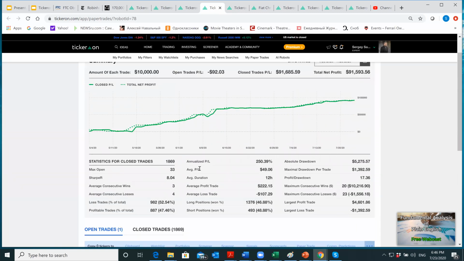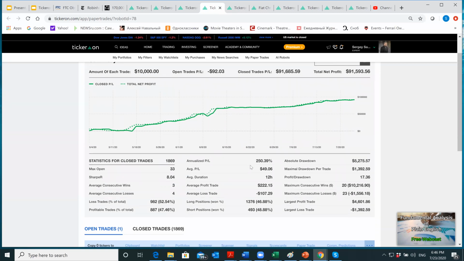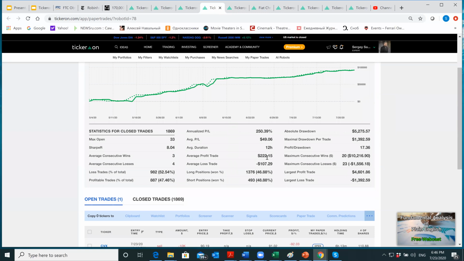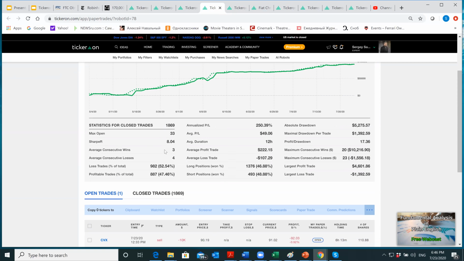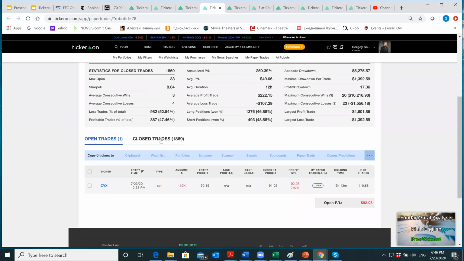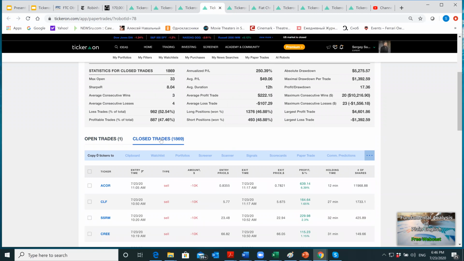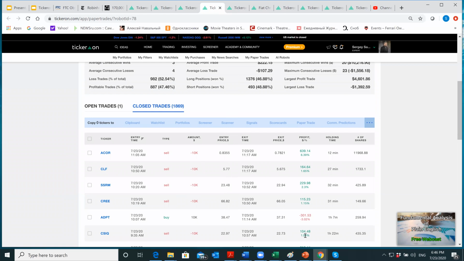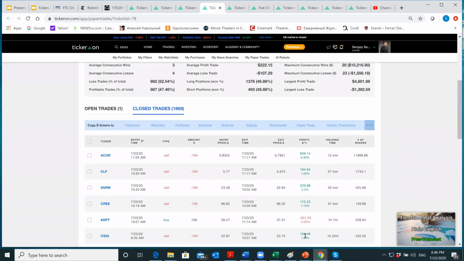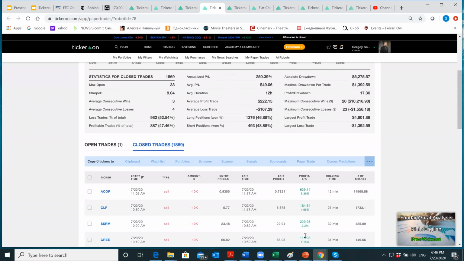If we continue the same way, it is a 250,000 annualized return, gains on about 2%, loss 1%, Sharpe ratio 8, which is outstanding. And as you can see, these are all closed trades. This is just robot trading based on our own calculations.